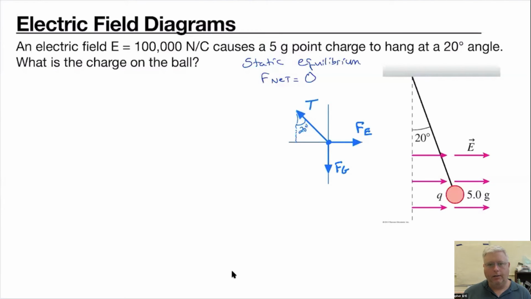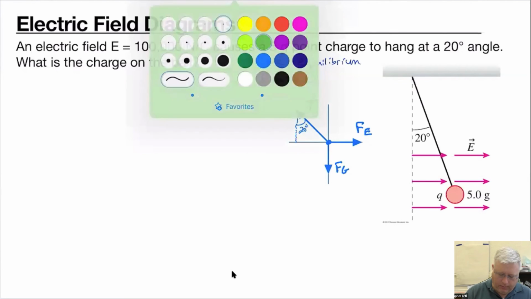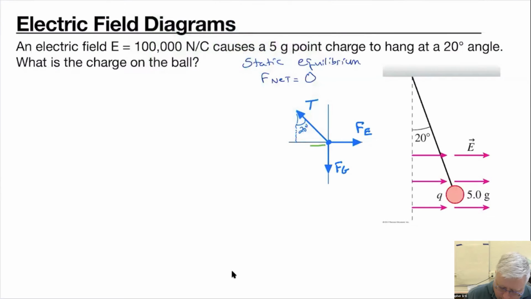And the tension is going to have an x and a y component. Over here we'll have Tx, the x component of the tension, and over here we'll have Ty, the y component of the tension. Okay, so we've broken everything down into its components.